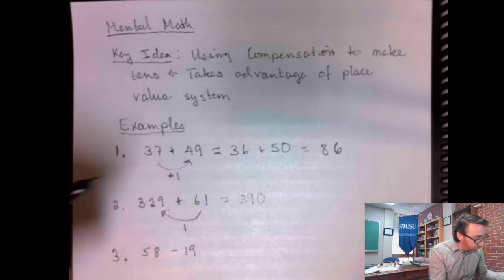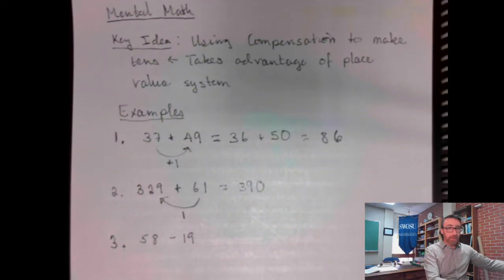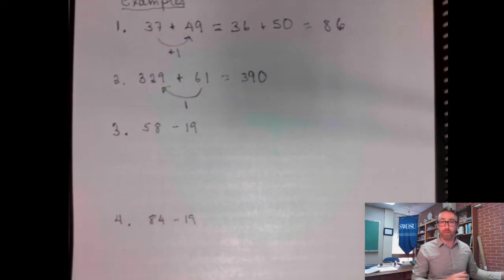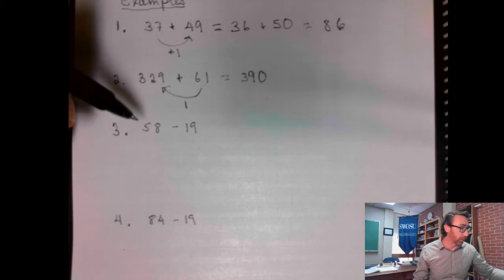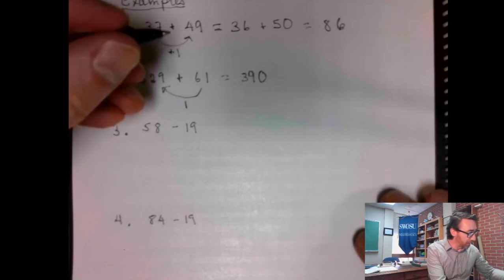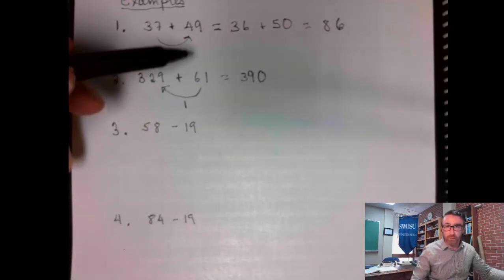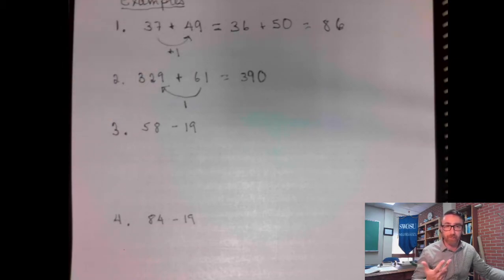Now of course these are using the operation of addition, and we can equally well do mental math with subtraction problems. You've got to be careful though. It might be tempting to say this is close to 20, so I'll do the same trick I did over here. We had something close to 50, so I took 1 away and then I added 50.